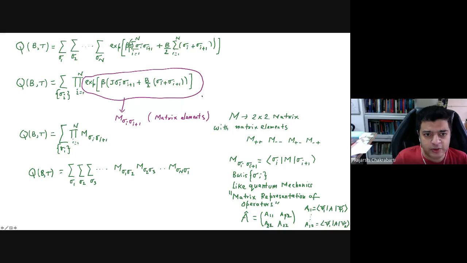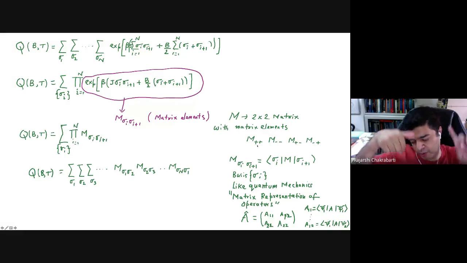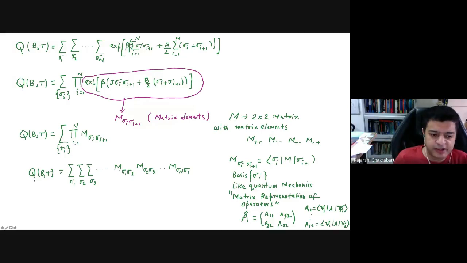This quantity I'm calling M of sigma i, sigma i plus 1. These are matrix elements. This is a matrix element, and we'll show later it is a 2x2 matrix, which has elements like both spins up, both spins down, one up and one down, and so on. Essentially, the partition function is a sum over all such matrix elements.